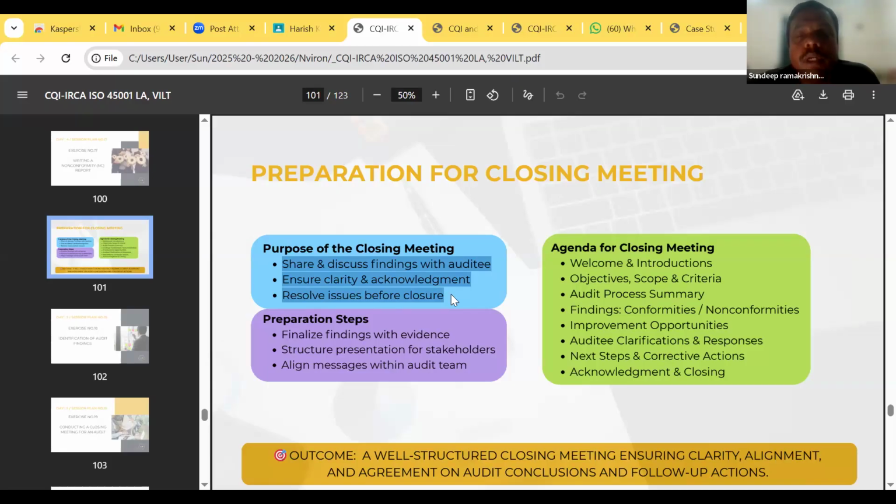So I am disputing with Srikanth that I don't accept it. First of all, I don't accept it as a non-conformity. I have emergency preparedness. I have done it during day shift. The recommendation in the day shift mock drill is that you conduct it at night. We had planned for February 2025. For various reasons, it did not happen.